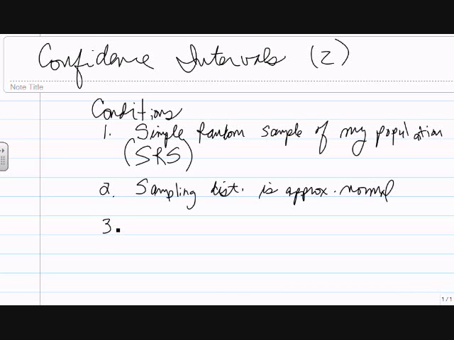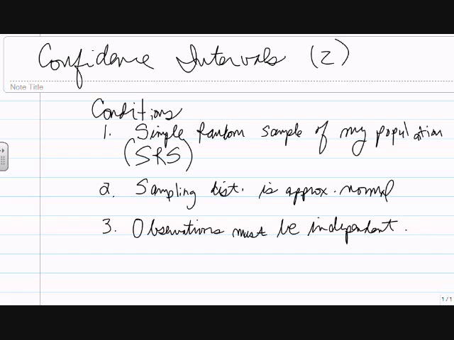And my third condition, my observations must be independent. So, independence.